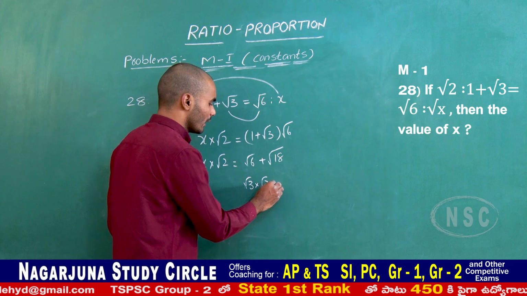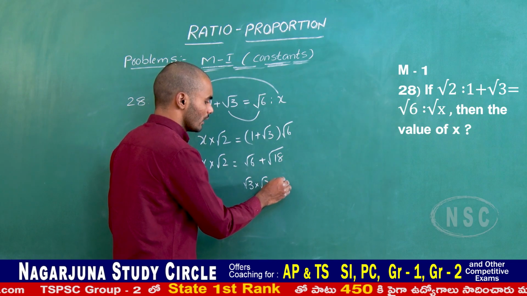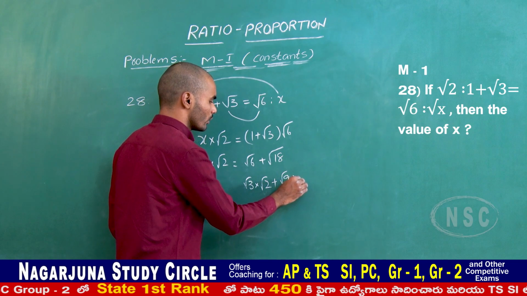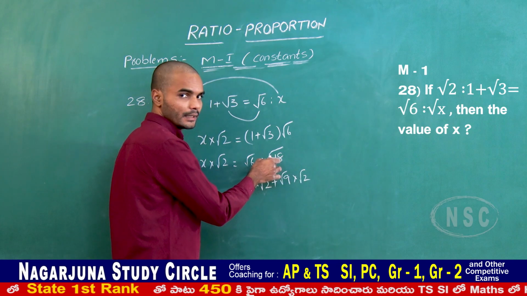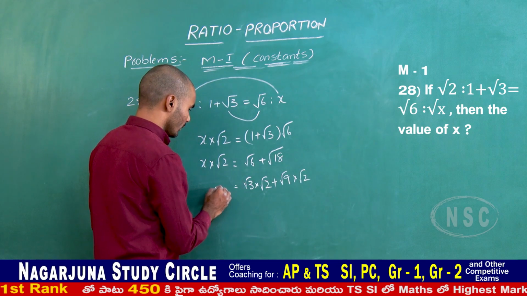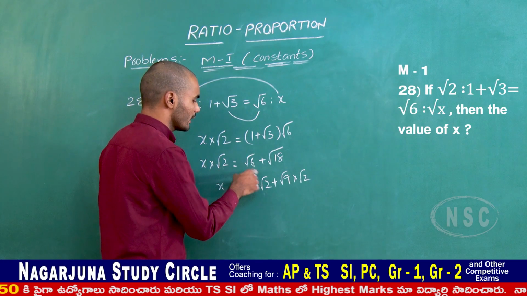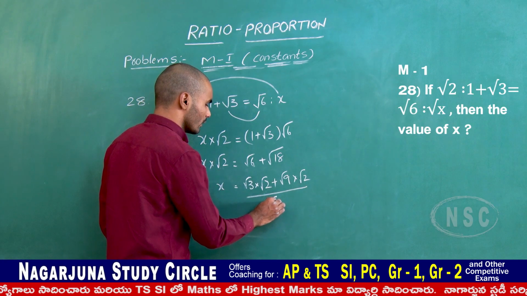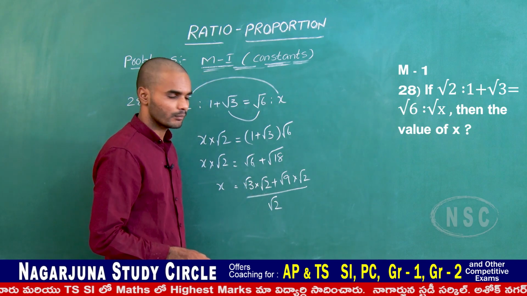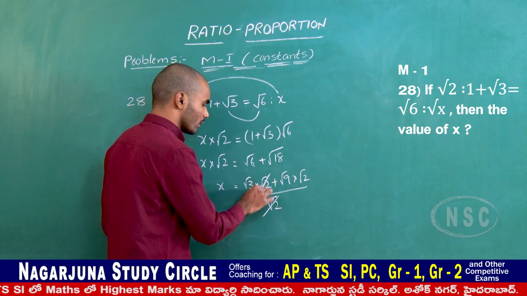And root 18 means root 9 multiplication root 2, because 9 twos are 18. Then the root multiplied with x goes to the right side and divides those numbers. Root 2 cancels.